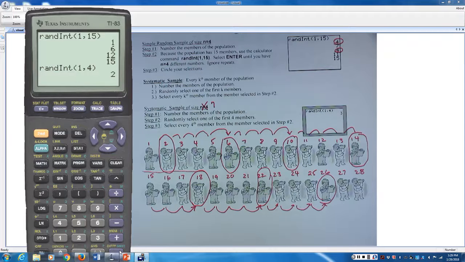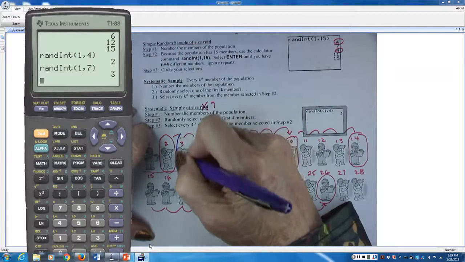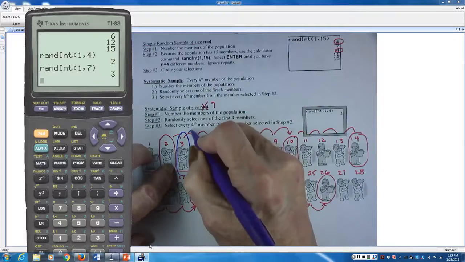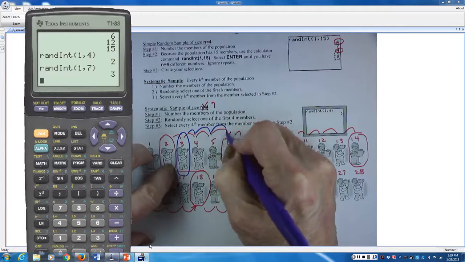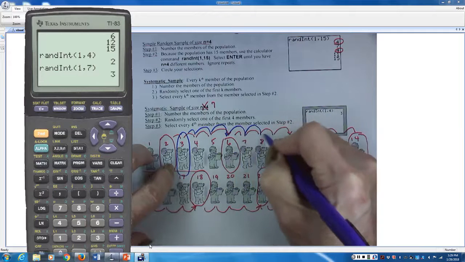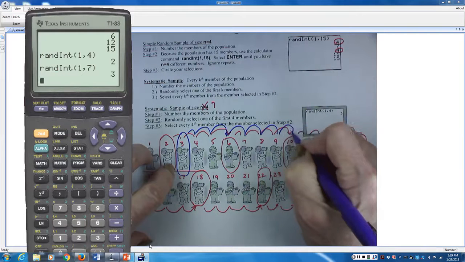So if I randomly choose among the first 7, the only thing that changes is that last number. So I would start in this case at person number 3. And then I increment by 7, so that would be 1, 2, 3, 4, 5, 6, 7.